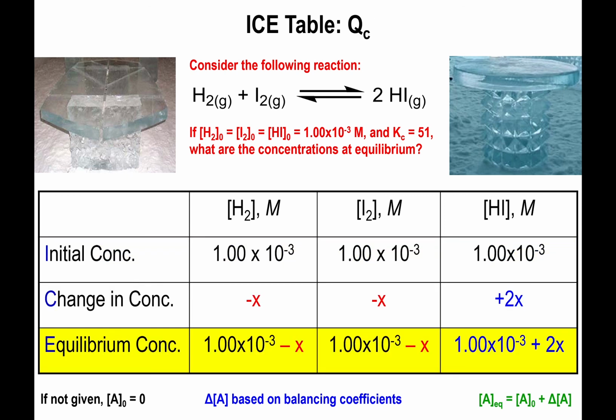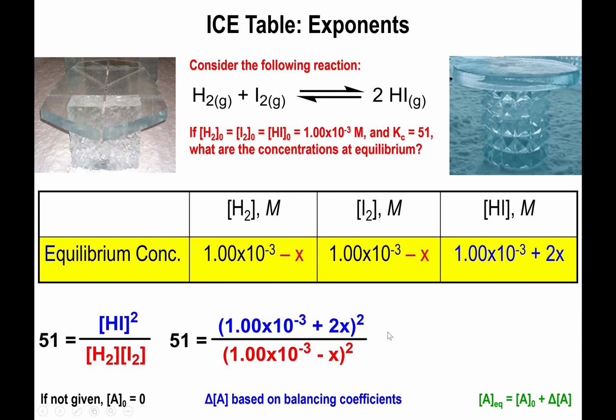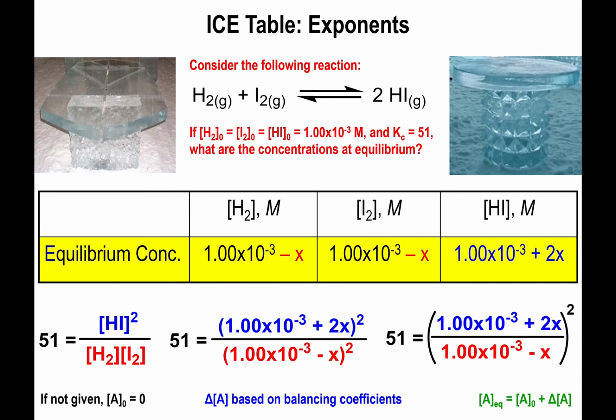Okay, so now getting to the equilibrium concentrations, we added the two rows together. And looking at the expressions, we have 10 to the negative 3 plus 2x, squared, divided by 10 to the negative 3 minus x, also squared. Because you have squares on both sides, you could actually use the approximation I showed in the previous example. Factor out the square.